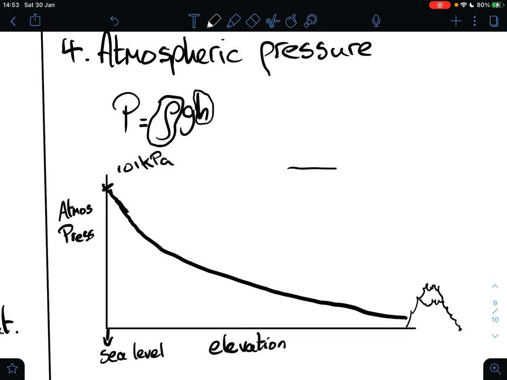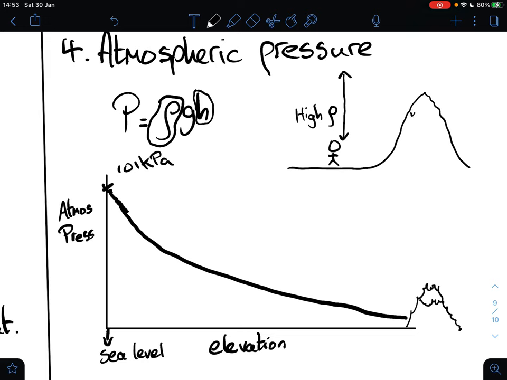Let's draw it. Let's draw sea level. Let's draw a mountain. There we go. Side view. So here at sea level, you've got high density, and you've also got a very large column, about 60 miles, of gas above your head.